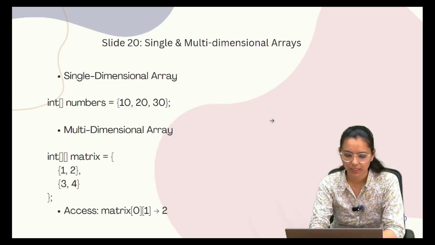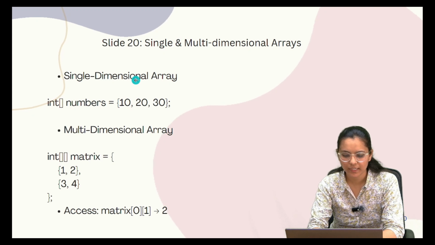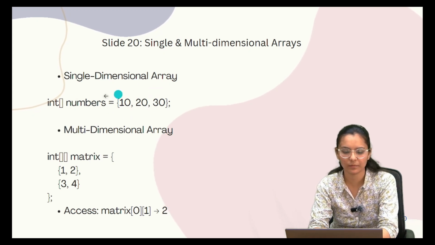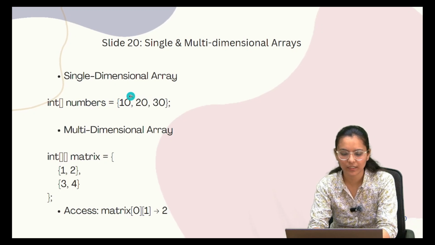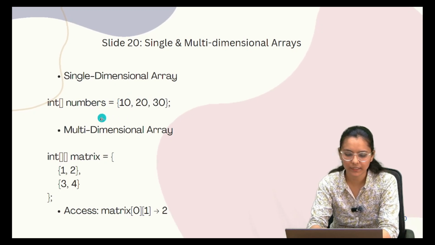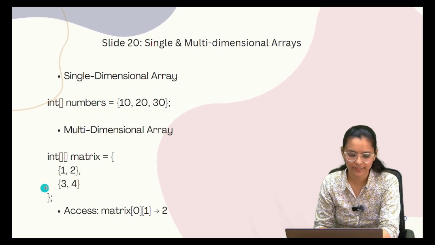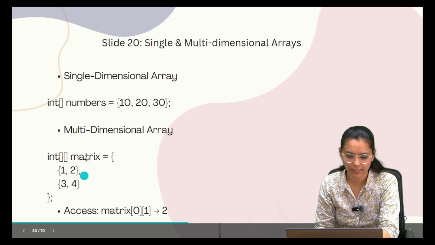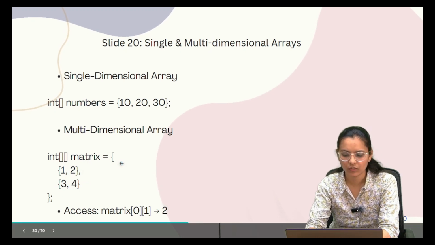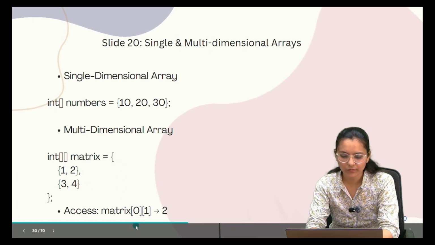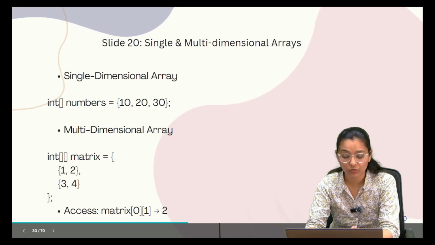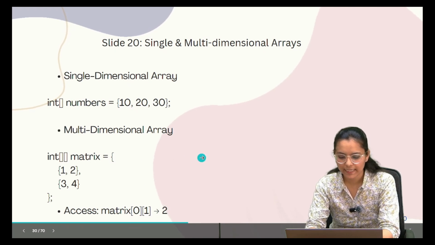A single dimensional array is a simple list of elements. Here is the int number array with elements like 10, 20, 30. And in the multi-dimensional array, the matrix format is 1, 2, 3, 4, like that. Think of it like rows of boxes. You can access an element using the index.